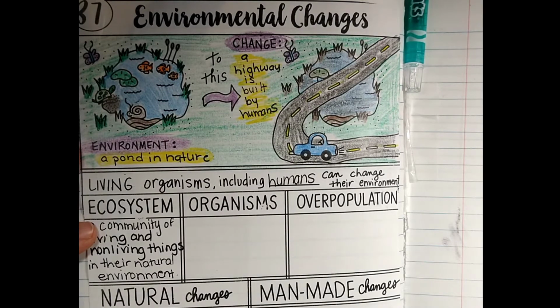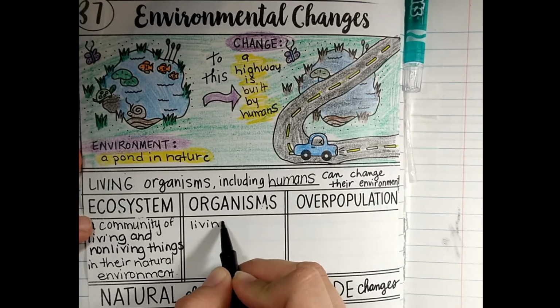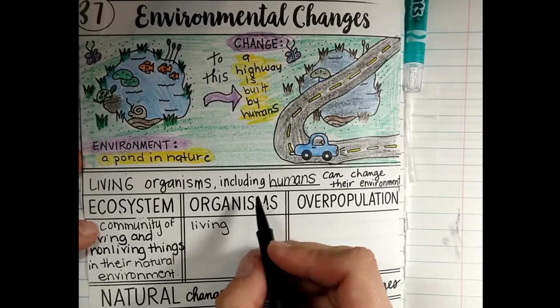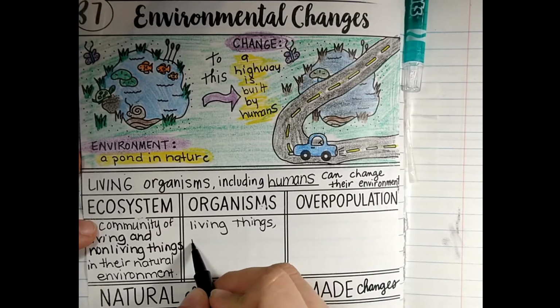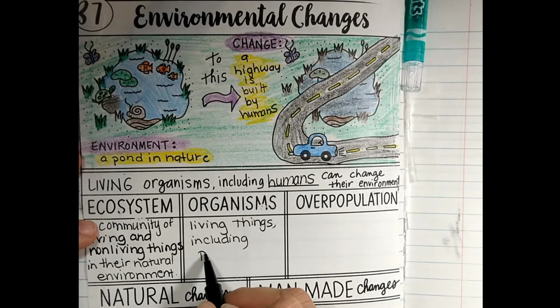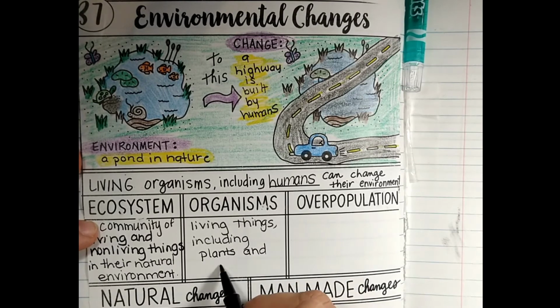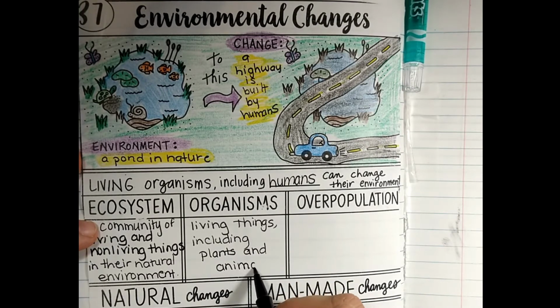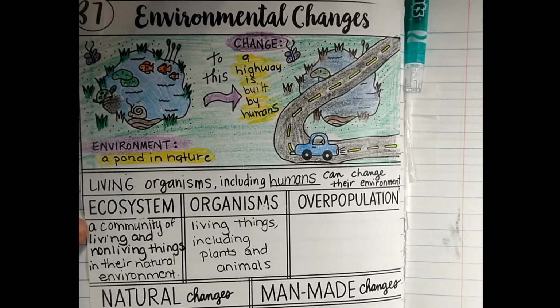Okay, now the next thing is, what is an organism? This was one of our definitions when we did the human body. An organism, they're living things, including plants and animals. So an environment can be changed by living organisms, including humans.